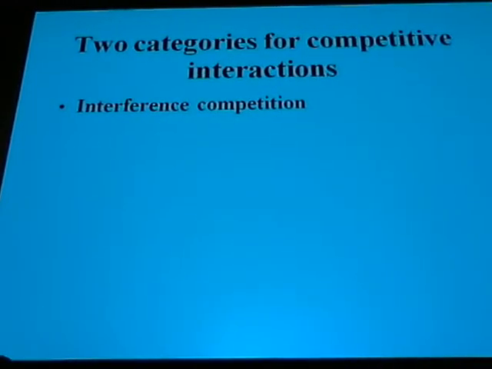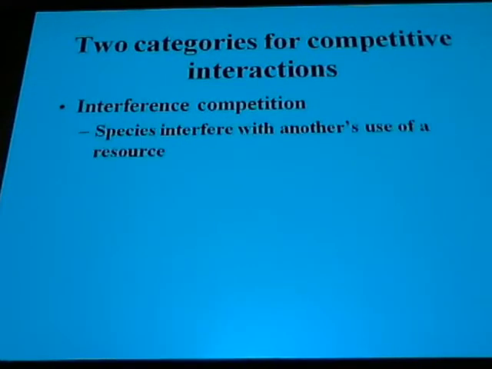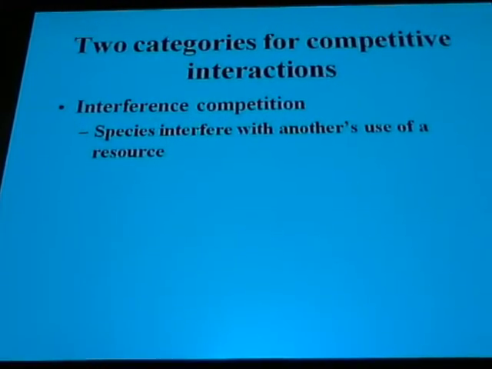So the example we just saw, barnacles, is a classic example of interference competition. Species interfere with another use of the resource. There's a direct prevention, sort of one species exerts on the other from utilizing that resource. And I'll show you some examples of that. Most competition winds up being some form of interference competition.